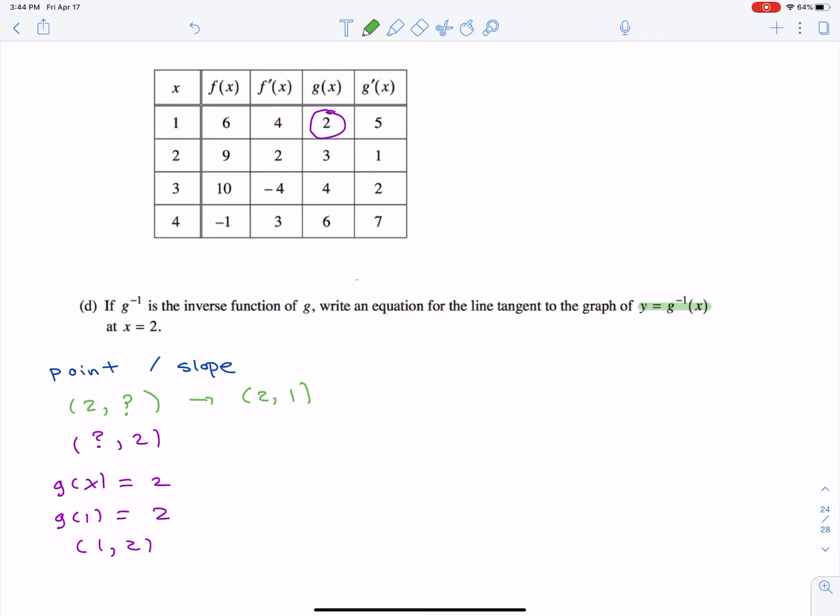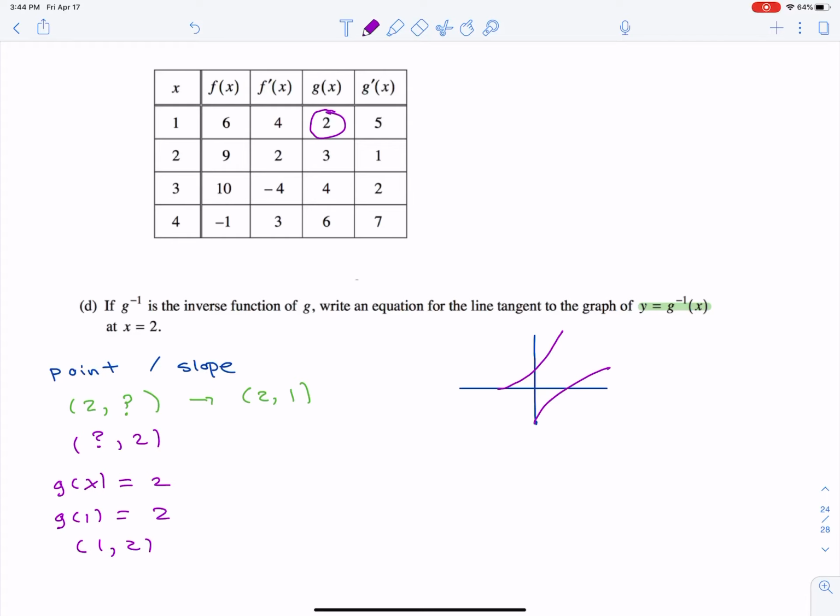Next, we have to find the slope. Now, I want to remind you, I know it's been a long time, so let me just do this really quickly. If I have one function, and both functions are inverses of each other, so function 1, function 2, these two are inverses.